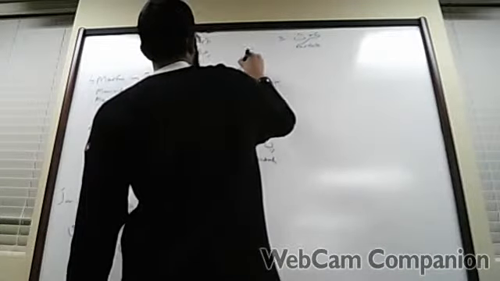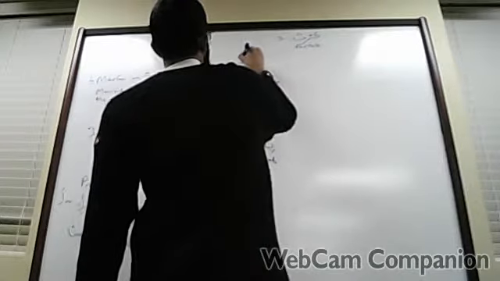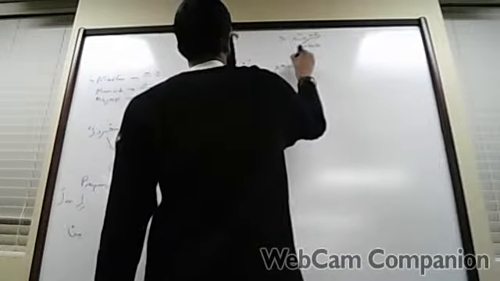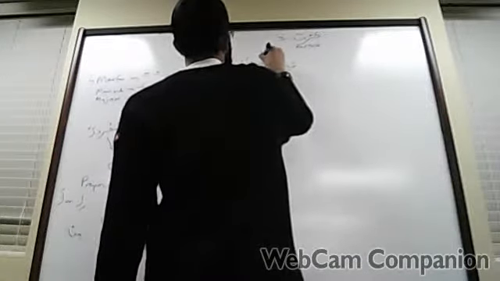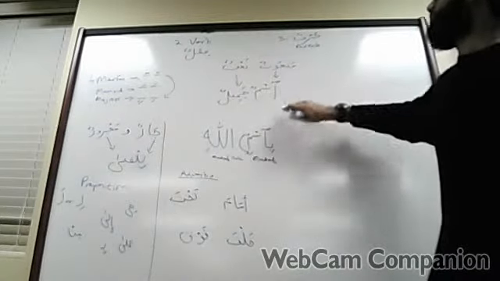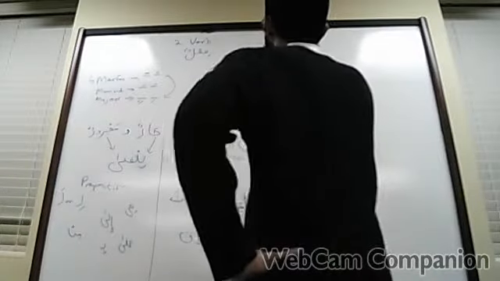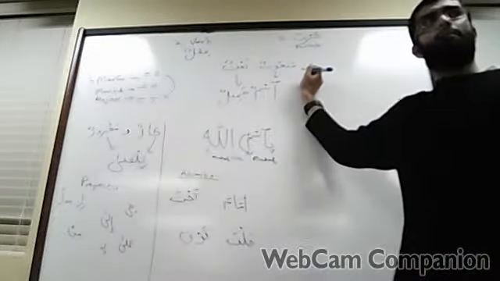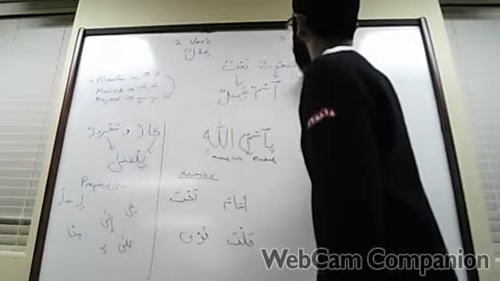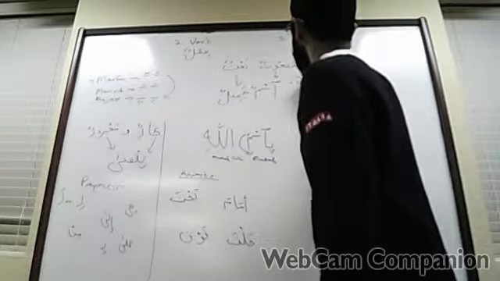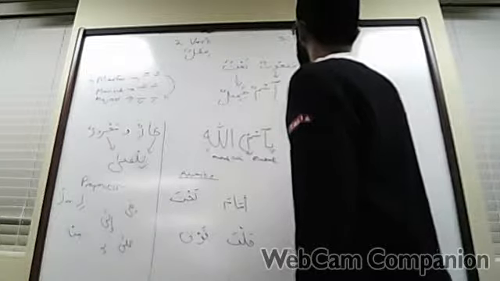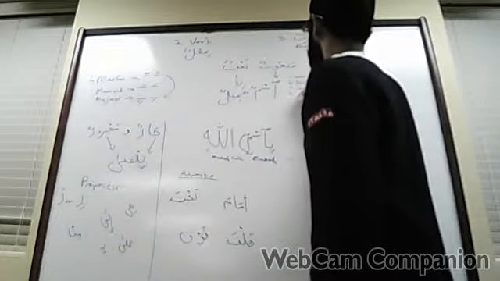Jamilun is my na'at, and the man'ut is the object that's being described, ismun. So the na'at agrees with the man'ut in four cases. What do these two words agree with? Gender, definite or indefinite, case, definiteness, case, and then singular or plural.